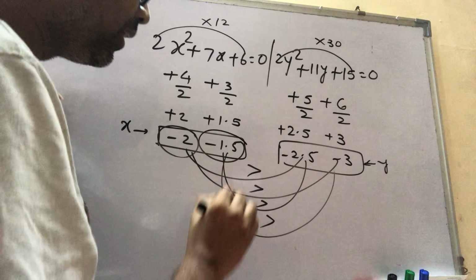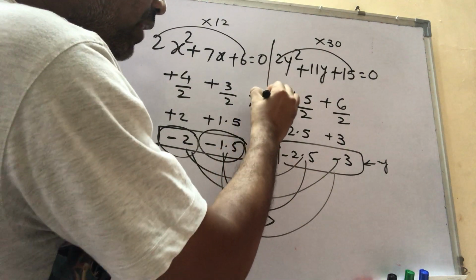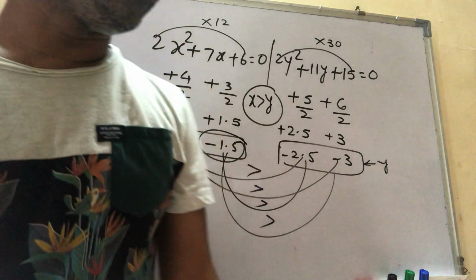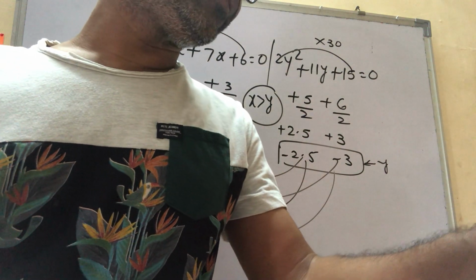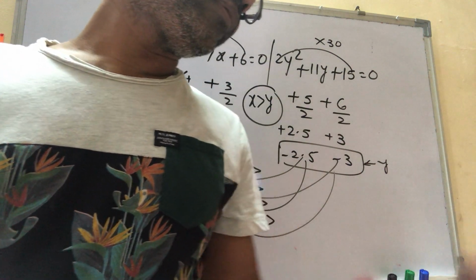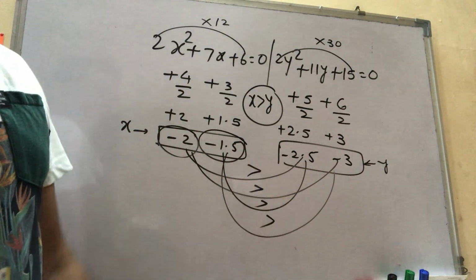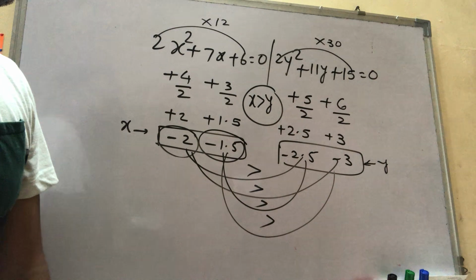So my answer is finally going to be what? X is greater than y. Write down this. X is greater than y. Hope everyone is clear with this. Very good, Pradnya. Clear? Okay. So x is greater than y. This is your answer.